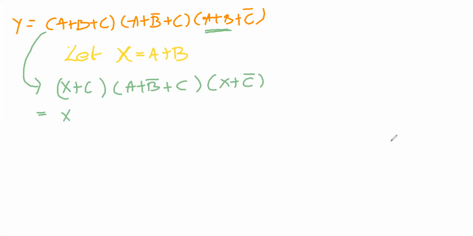So we can write it this way: X or with C and X or with C complement, then A or with B complement or with C. So X or with C into X or with C complement.